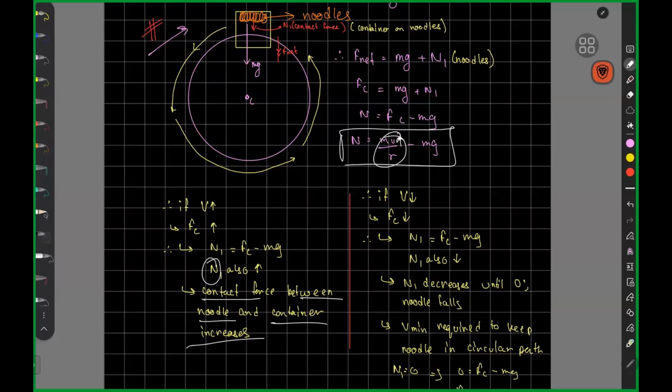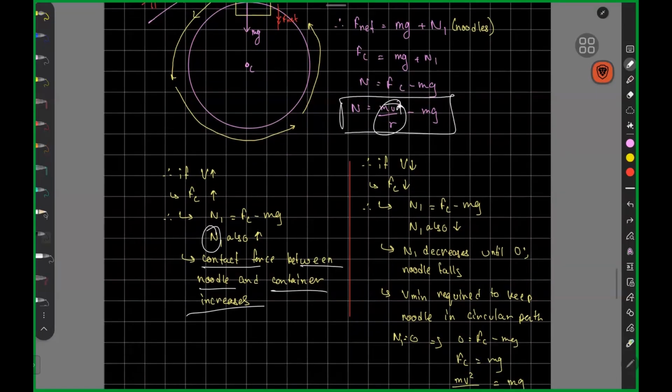When working with the tension case, it was exactly the same idea. When we increase the velocity, tension increases. Same over here. When you increase the velocity, your normal reaction force increases. What happens if I decrease the velocity? Centripetal force decreases, hence my normal reaction force also decreases.